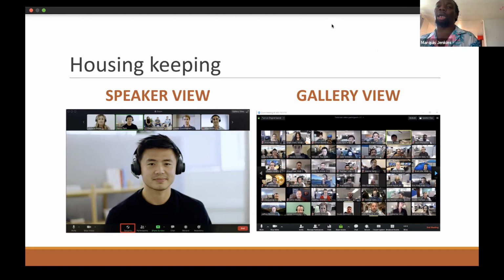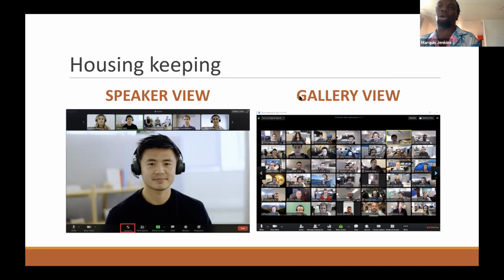You can do that again at the top right corner of your computer screen. If you are on a computer, there is a gallery view and a speaker view that you can click on. If you are on a smartphone or a tablet, you can simply swipe left or right to go between gallery view and speaker view.